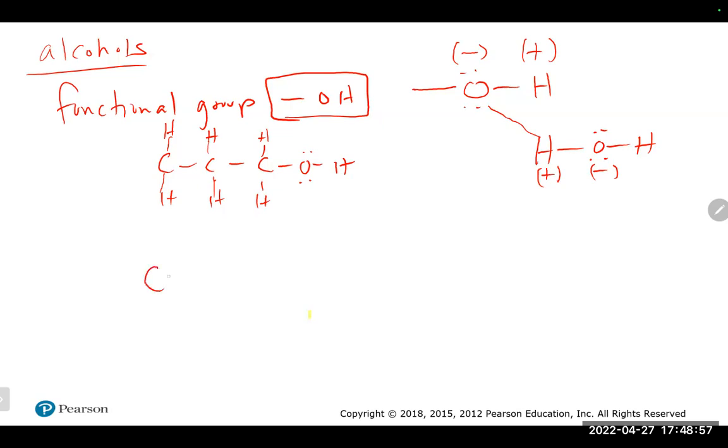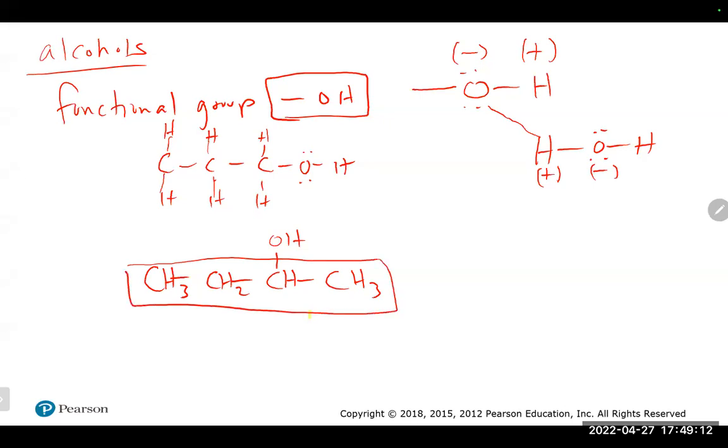So if we had something like this, again, we would go with our longest carbon chain, and that is 4 carbons, based off of butane. Because it has that OH group, that makes this butanol, OL, like alcohol. And because that OH group is important, we need to give the location of it.